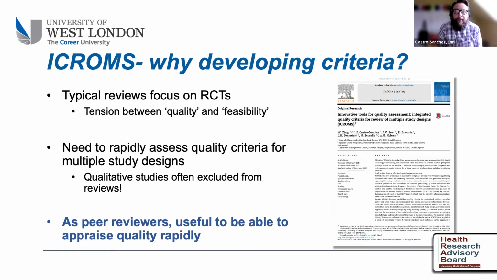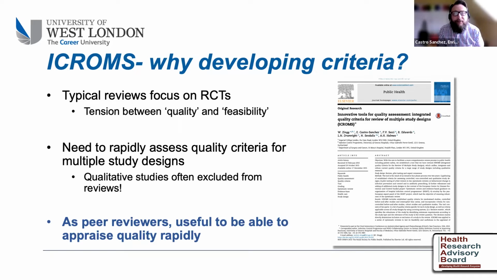So you may be thinking, well, I have to have an opinion about a particular topic, and I see quite a few studies which may be relevant. And then, what can you use to draw a conclusion about what the evidence says? And in many tools, you will see that qualitative studies are often excluded.